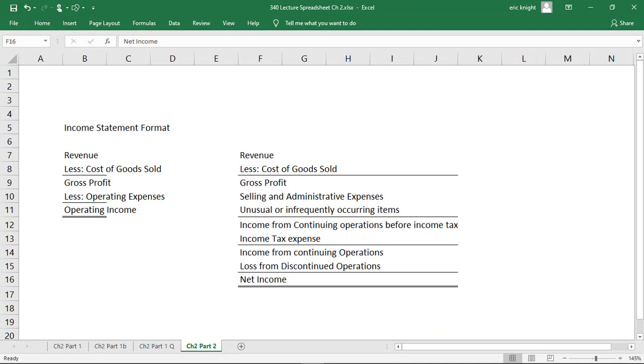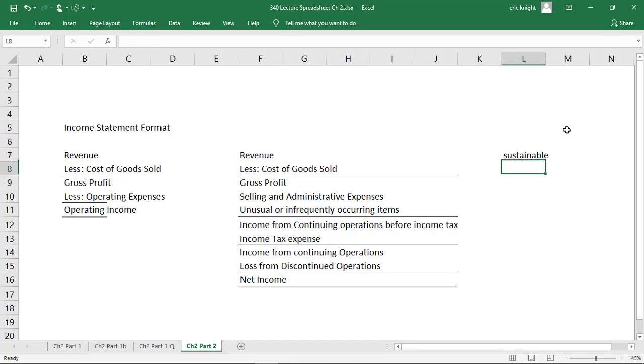So looking at the income statement that we left you with in the last lecture, we had a simplified version, but then we also learned that there's a difference between what they call transitory and sustainable revenue and expenses, right?